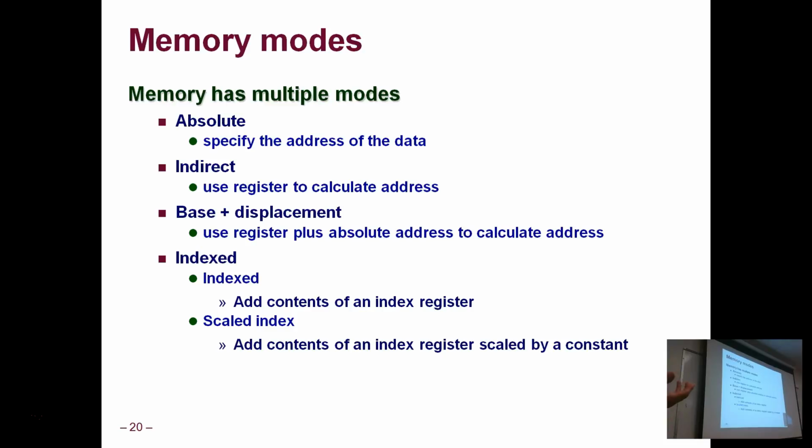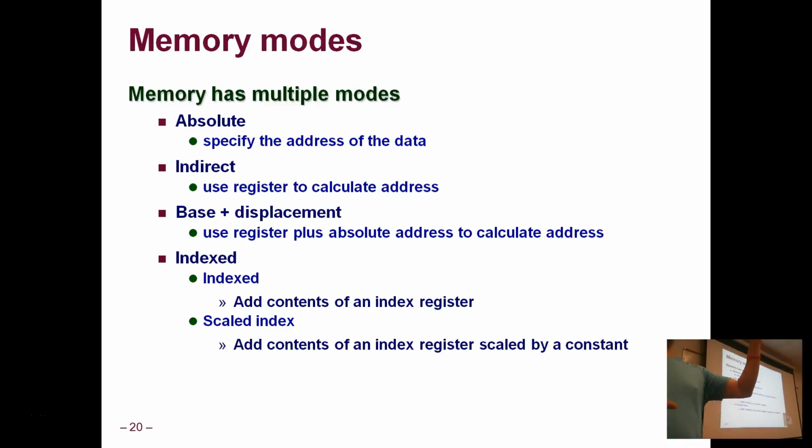Okay, so the memory modes are where the action is. If you have a very small number of registers and you're relying upon accessing memory efficiently, which is what x86 is doing, then you need multiple ways of generating addresses very quickly. And that's basically what different memory modes allow you to do. Say I have an array of structures, and I want to go to the 50th structure and access some element in that structure.